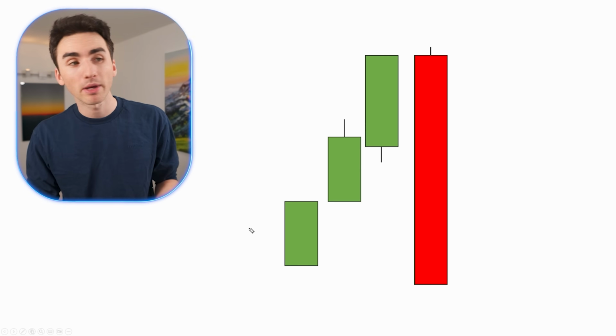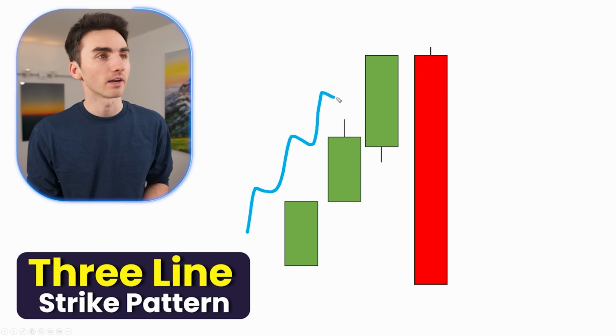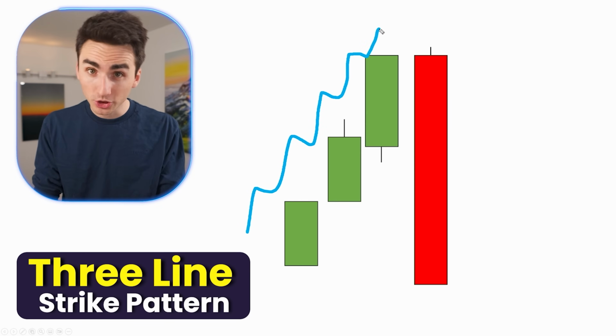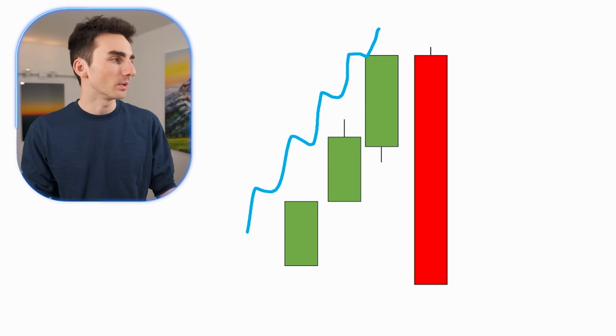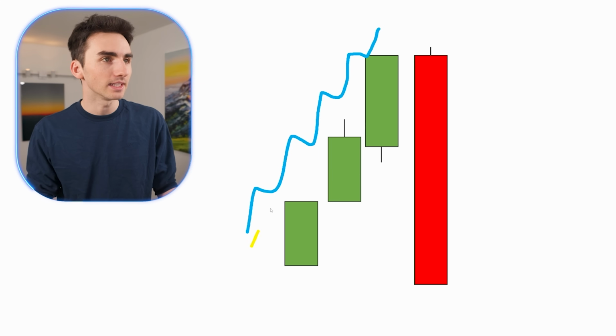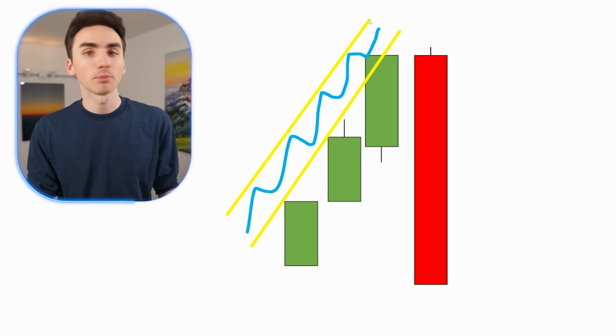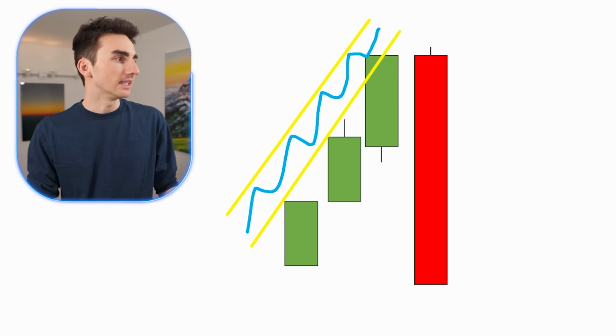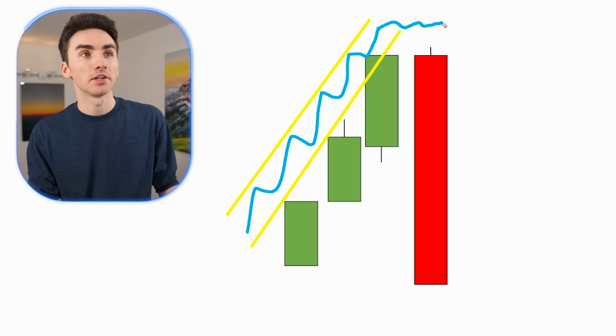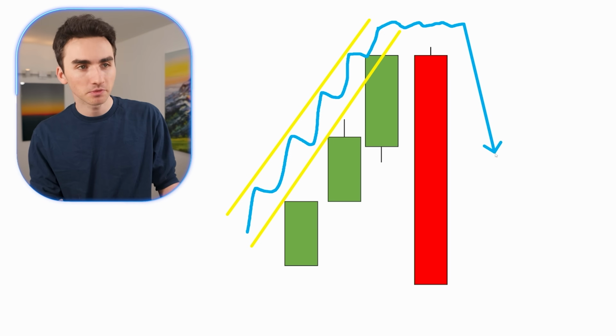And this candlestick pattern right here is called the 3-line strike pattern. What these 3 bullish candlesticks say is that the price is consistently going higher, and that creates, on a smaller time frame, an upward trend line. Then it breaks that and all of a sudden has a massive sell-off.